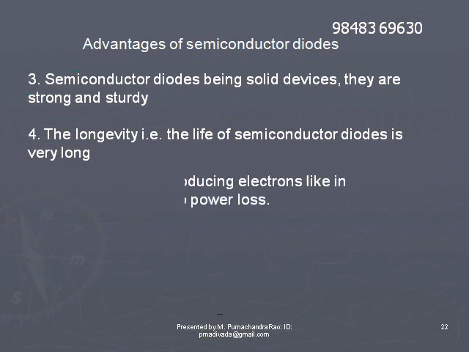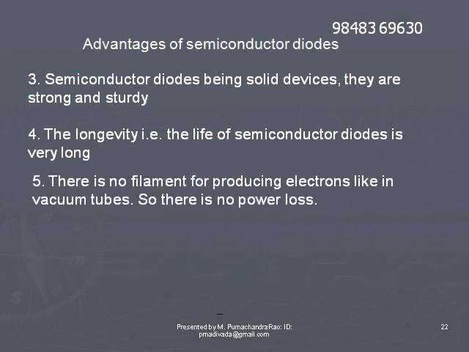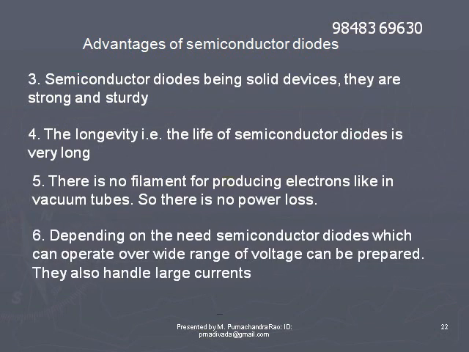There is no filament producing electrons like in vacuum tubes, so there is no power loss. Depending on the need, semiconductor diodes can operate over a wide range of voltages, and we can prepare a diode accordingly. They also handle large currents. These are the advantages of semiconductor diodes.